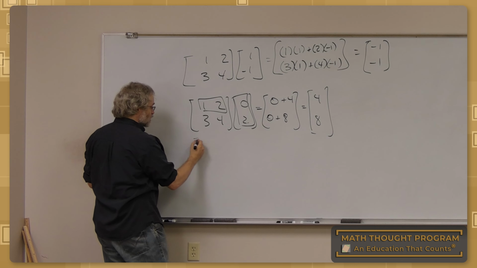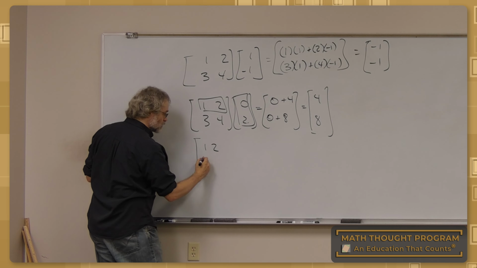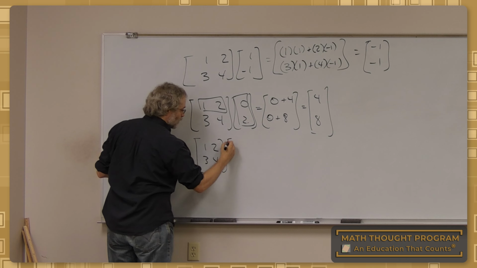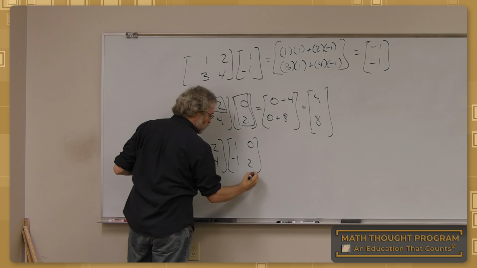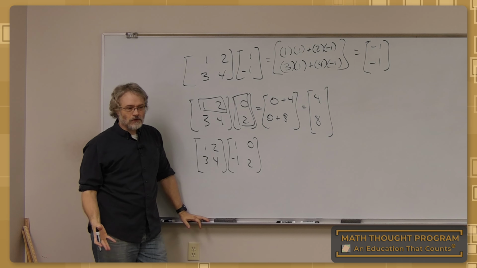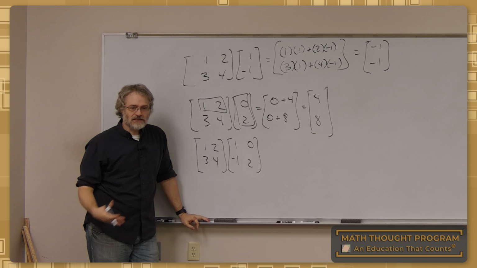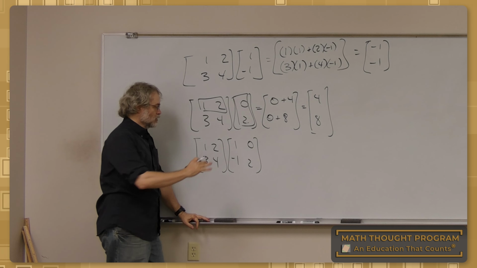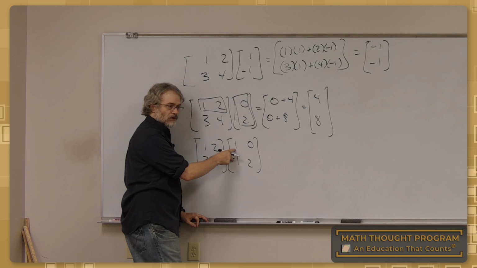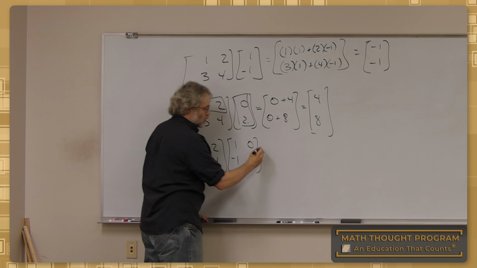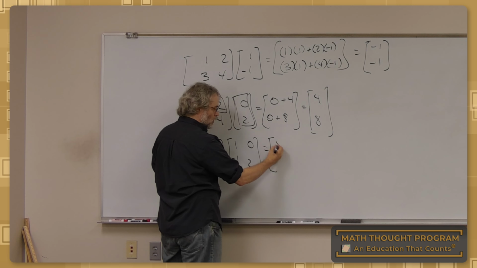Now, if I was to look at the matrix 1, 2, 3, 4, and 1, minus 1, 0, 2, the way that this works is the exact same way. Take the matrix, take the row, dot it with a column. And that entry will go right there.